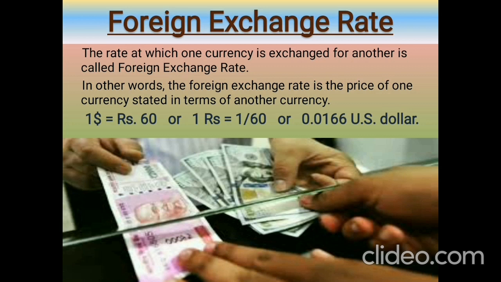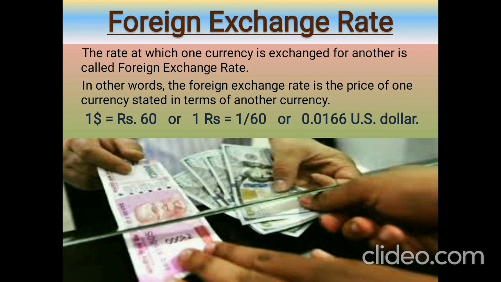So the value of 1 USD in terms of Indian rupee is rupee 60. We can exchange 1 USD for 60 rupees, or we can find the value of 1 rupee in terms of USD. So the value of 1 rupee in USD is 1 upon 60, which is 0.0166. So this is the foreign exchange rate.